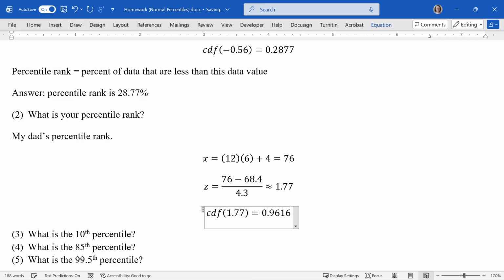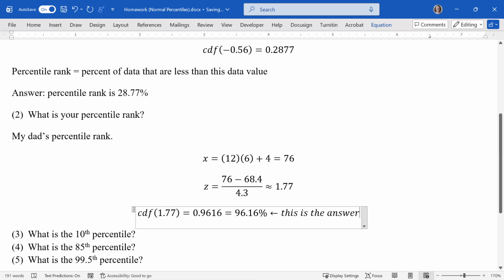So that is 96.16%, and that is the answer. 96.16% of the way through the sorted list of heights would be where my dad is. He was really tall, so he would be right near the end of the list.